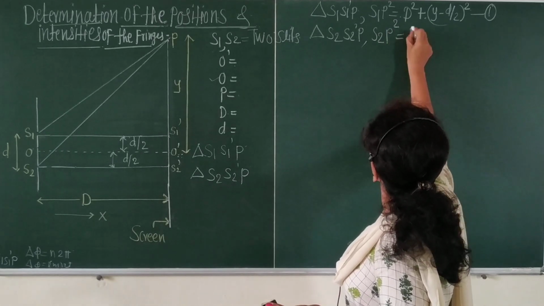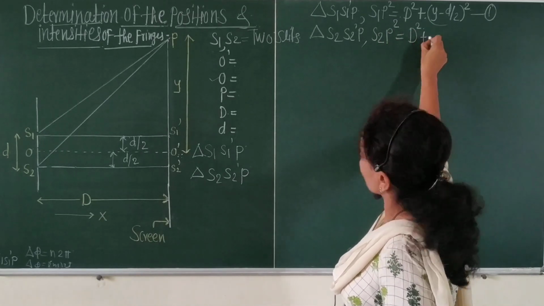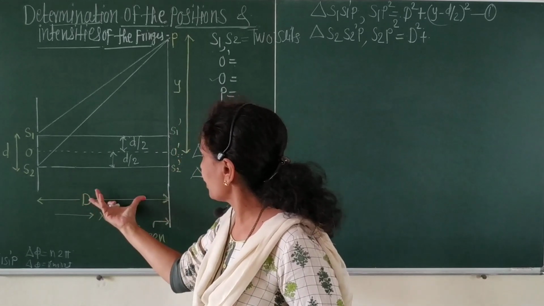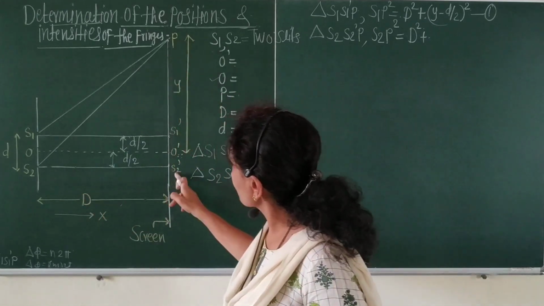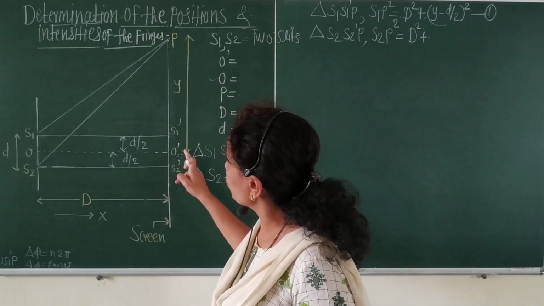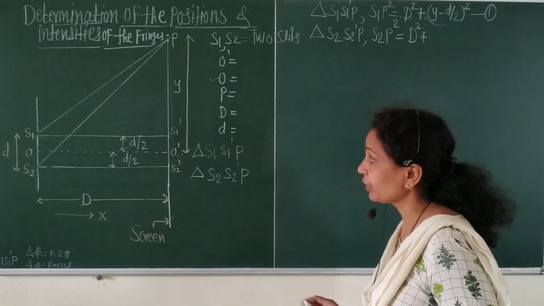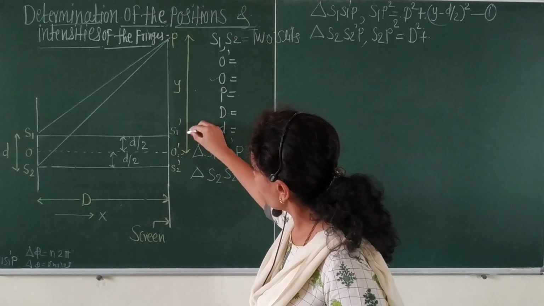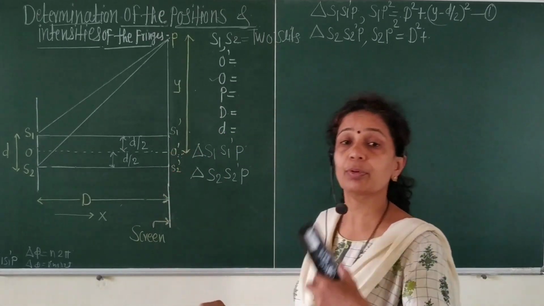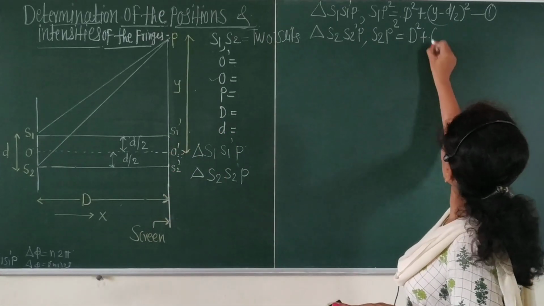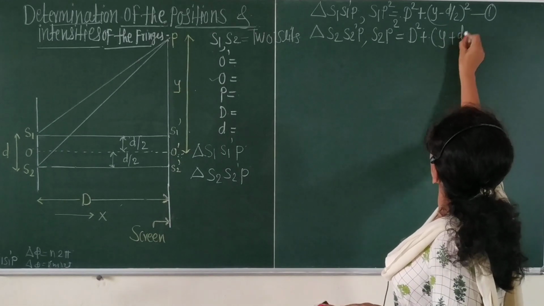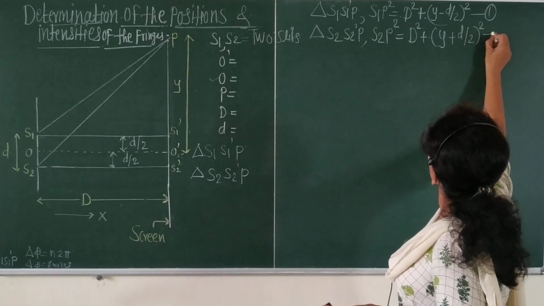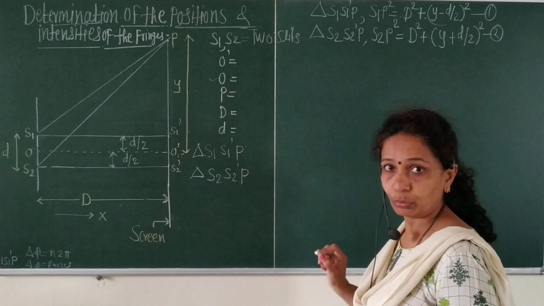S2P square is equal to capital D square, the same distance, plus S2 dash P square. This is y and d by 2, therefore (y plus d by 2) whole square. Say equation number 2.